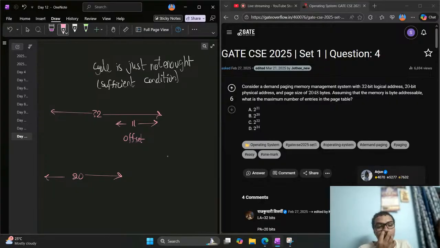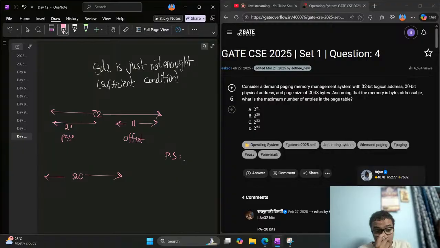Page size, entries of a page table. So page will be 32 minus 11, how much? That is 21.